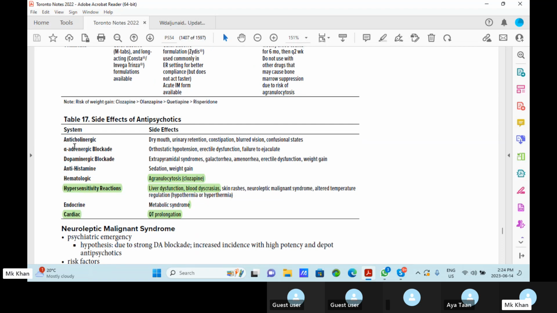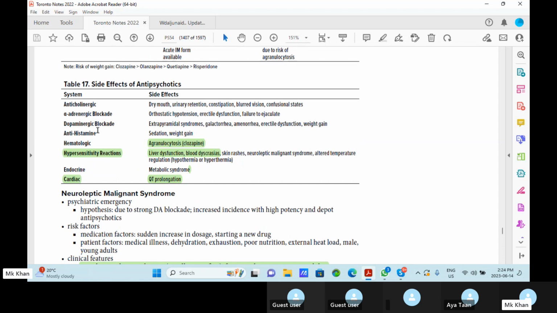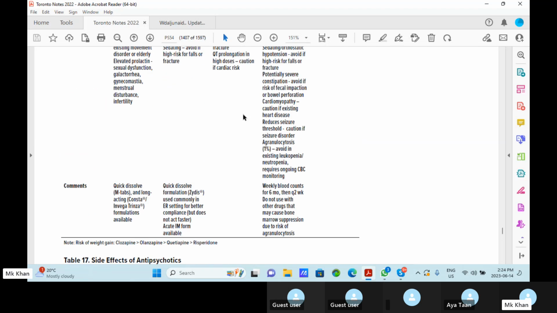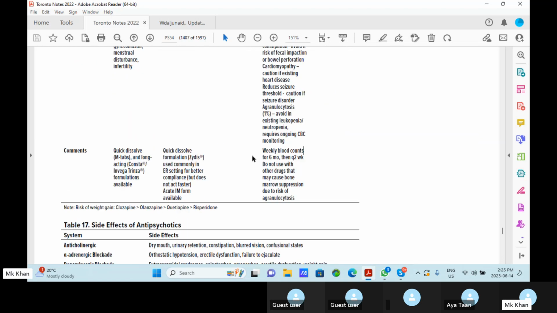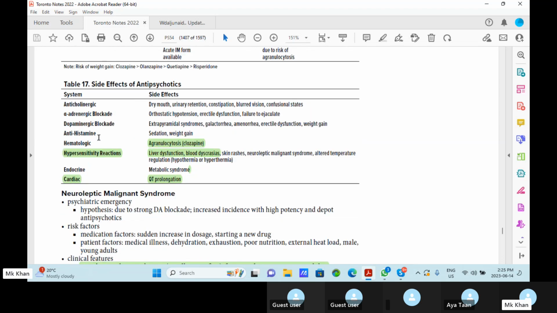So mostly they are anticholinergic: dry mouth, urinary retention, constipation. Then alpha adrenergic blockade: orthostatic hypotension, erectile dysfunction, failure to ejaculate. That's why they are causing orthostatic hypotension. And then dopamine blockade: extrapyramidal syndrome, galactorrhea, amenorrhea, erectile dysfunction.